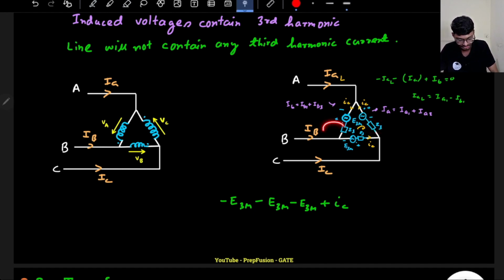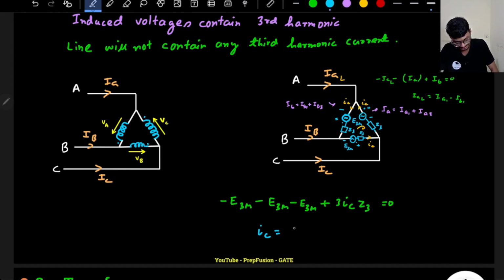So there are three drops here, Z3. So it will be 3 times IC into Z3. So basically what is happening is this circulating current is flowing only through the phases. IC magnitude will be the third harmonic voltage divided by the impedance of the third harmonic, right, of the coils.